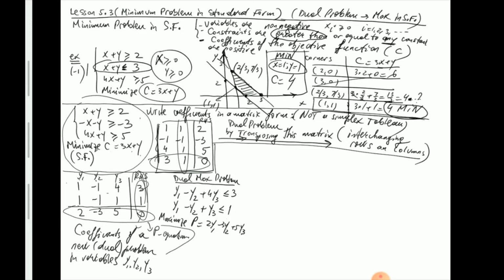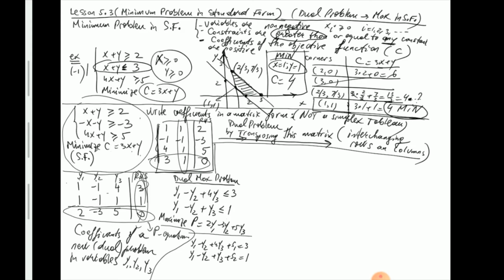From this point on, you're just going to solve the dual problem. So you're going to introduce the slack variables. You're going to write y1 minus y2 plus 4y3 plus s1 equals 3, and y1 minus y2 plus y3 plus s2 equals 1.